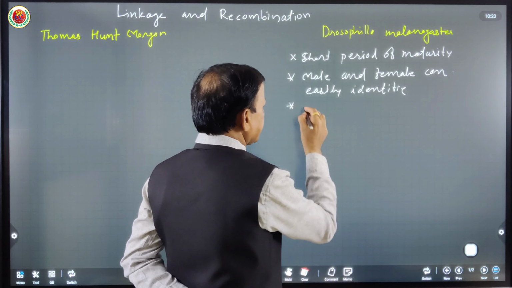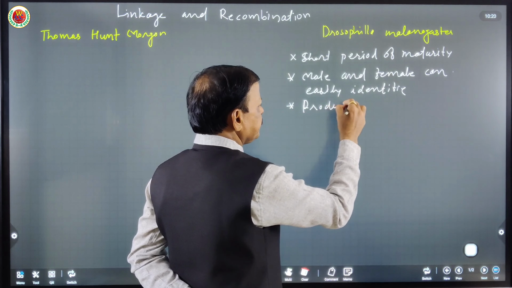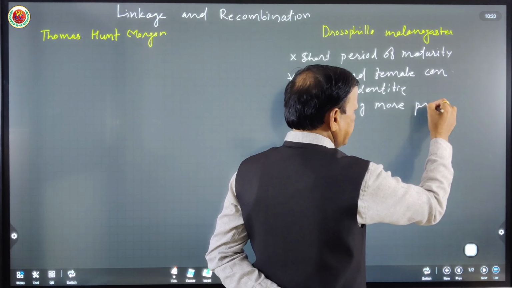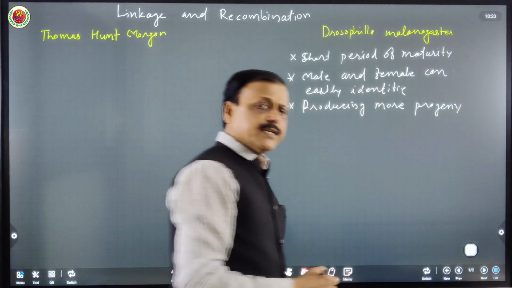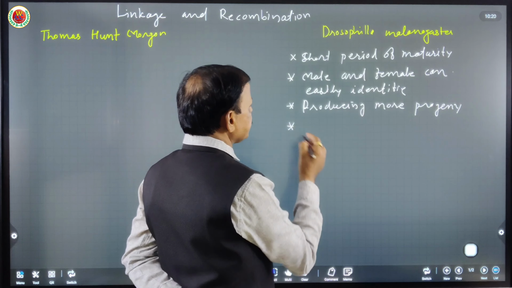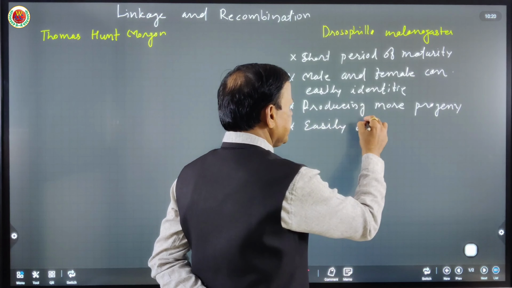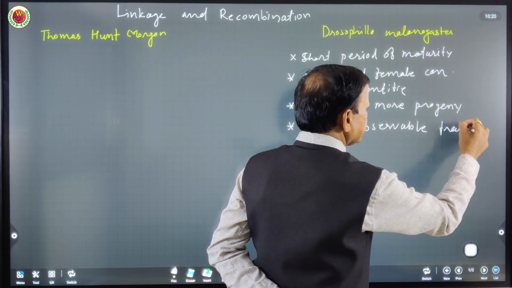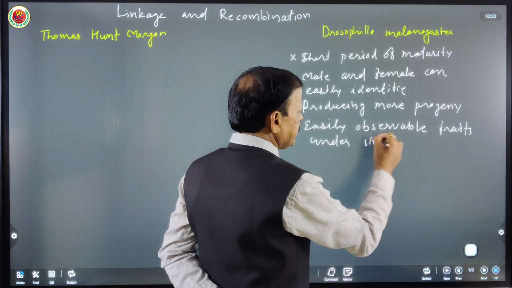Third, it leaves more progeny, or produces more progeny, so that it helped to observe that character in most of the offspring obtained from it. And the last one, easily observable traits or characters under a simple microscope.